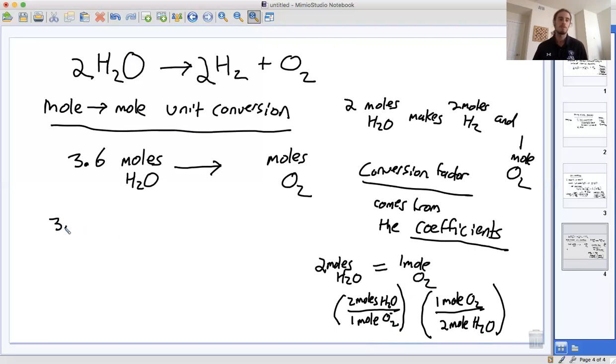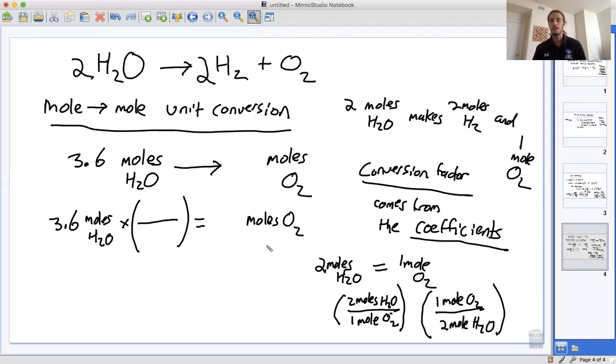So if I start off with 3.6 moles of water, I'm going to multiply by a conversion factor, and I want to end up with moles of O2. So that's the unit I want to end up with, which means that I want moles of water to cancel, to go away. So over here, moles of water is in the numerator, right? It's in the top.